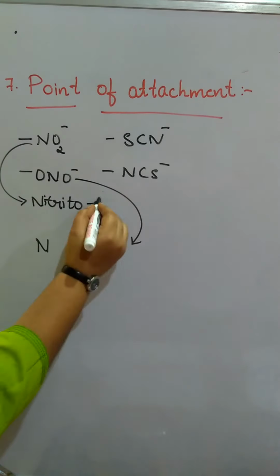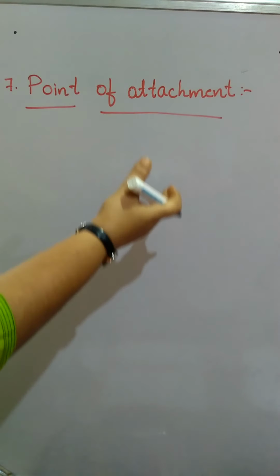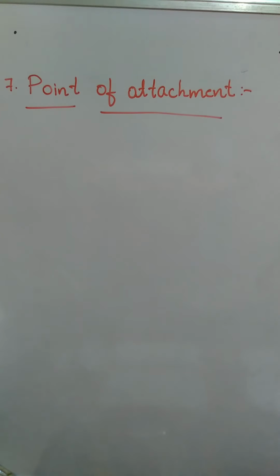So for different examples, different things: one was nitrito-O, where oxygen indicates the point of attachment. But in case of thiocyanito, the name indicates the point of attachment. So for different ligands, there is a different way of showing this point of attachment.